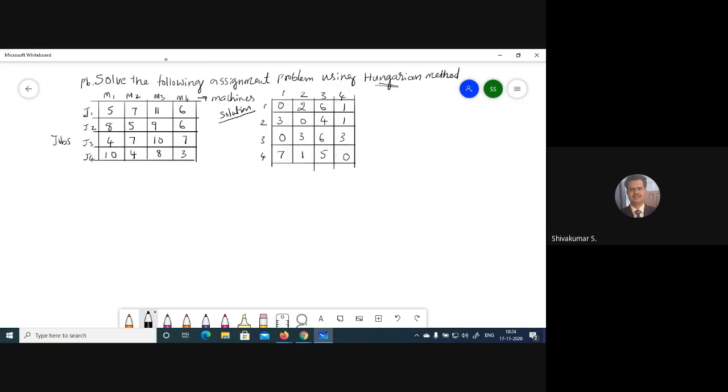Okay, so now row wise is done. Correspondingly you now do column wise. Once you have reduced row wise, now you do column wise.